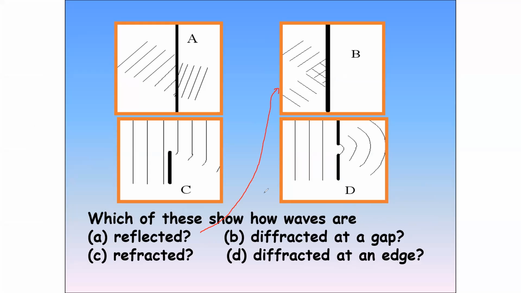D. D is representing a diffraction at a gap. Which of them is showing a refraction, a change in speed? A. And which of them is representing a diffraction at the edge, when it is passing near the edge? So C is representing diffraction at an edge. Okay.